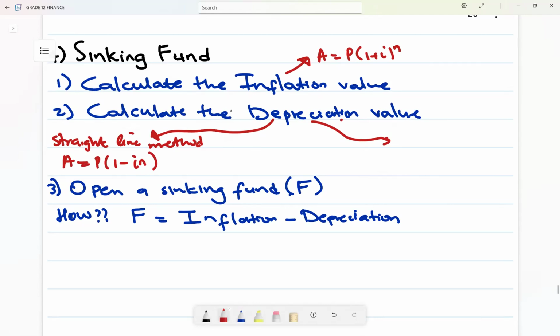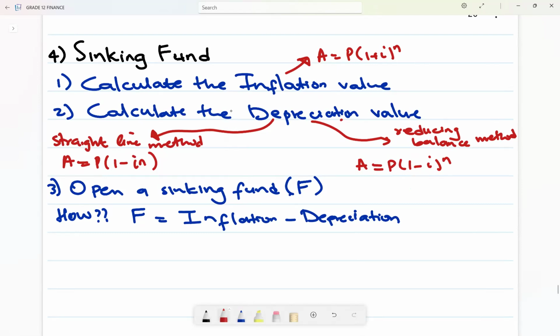But when they talk about the reducing balance method, it is the compound formula, but with a minus.